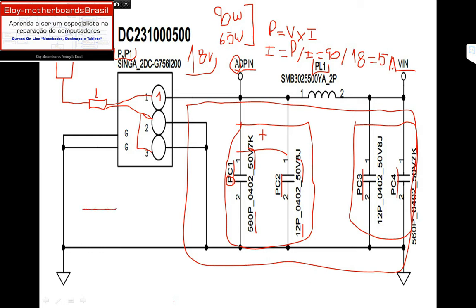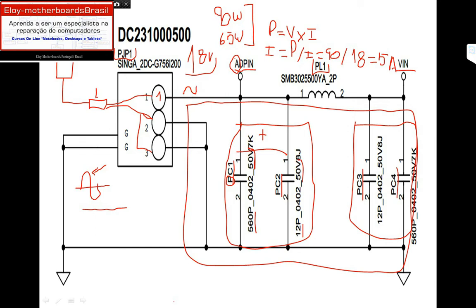AC on the oscilloscope is one sinusoid, because it has high frequency, and this has a very low frequency.